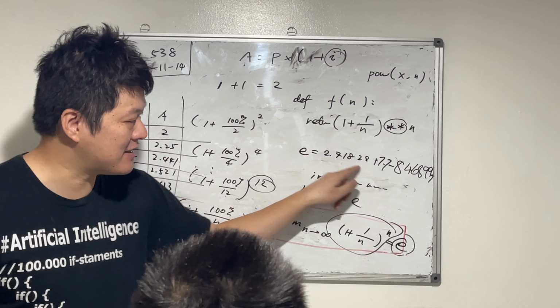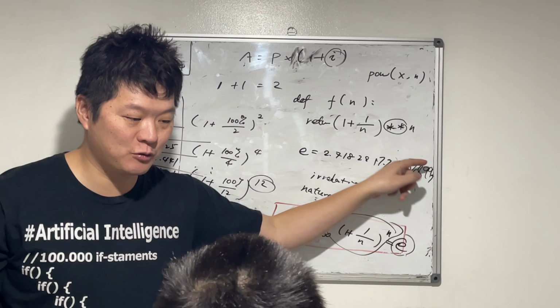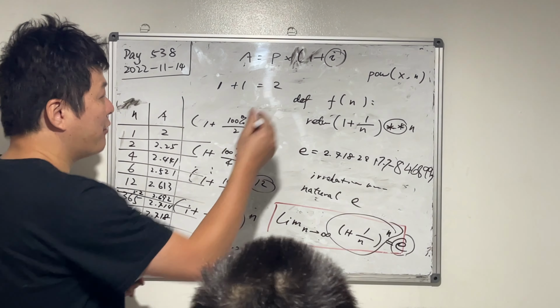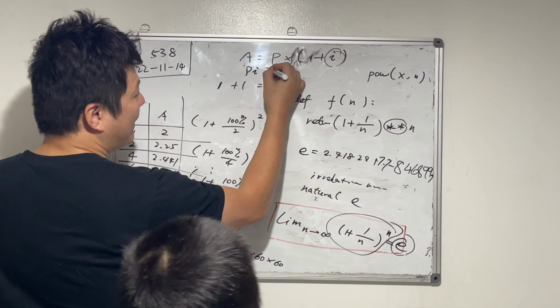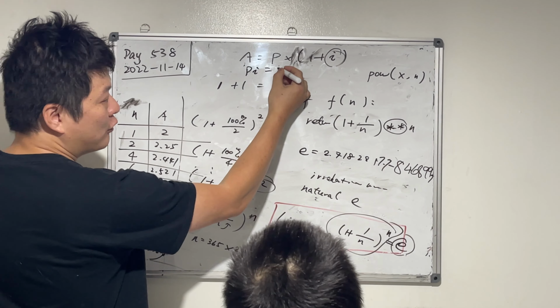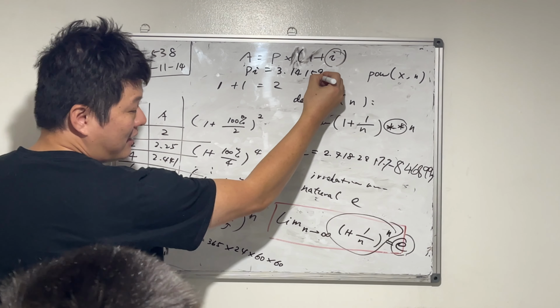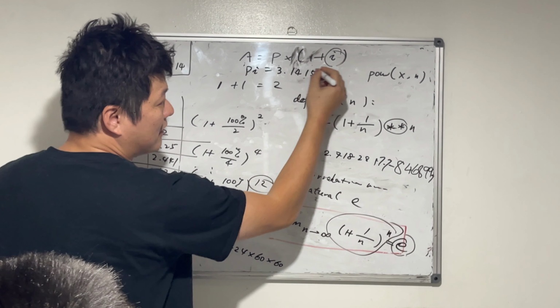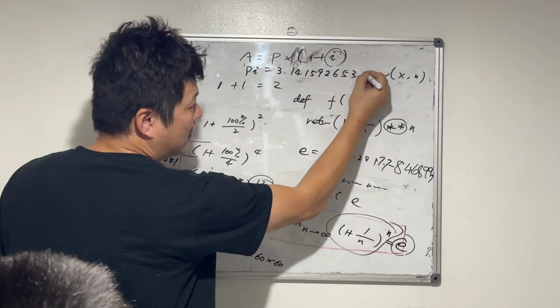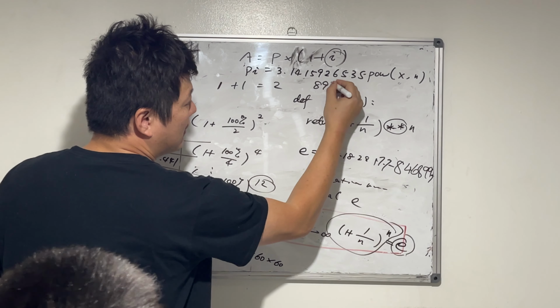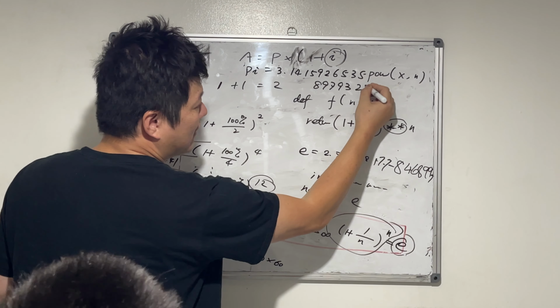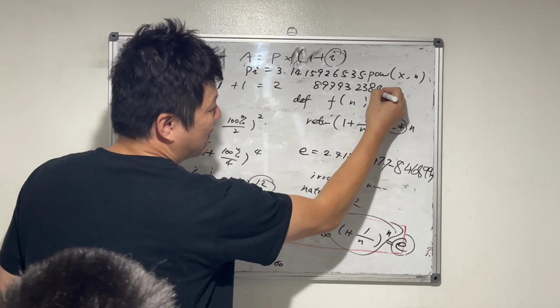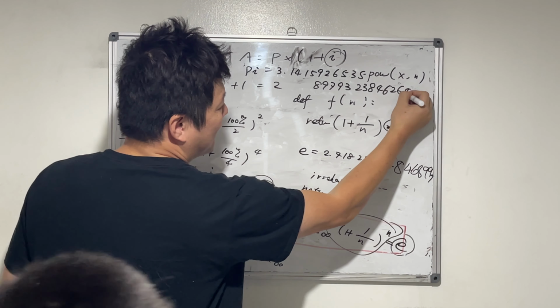But this never ends. This goes on repeating and never ends. It's like pi. What's the value of pi? 3.14159.